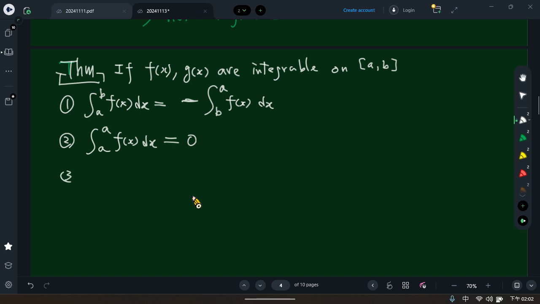The third one is integral a to b, k times f of x dx. It will be k times the integral. So it is also easy to understand that from a to b, each item will have k times. So we just simply move the k out of the integral.